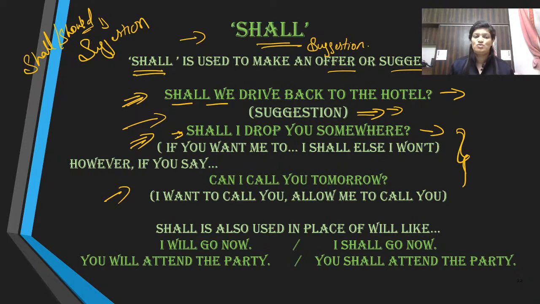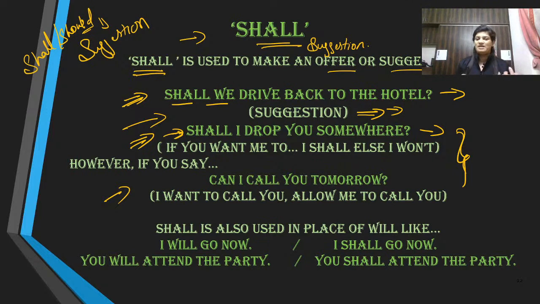Now, assume your friend is stranded, or you meet somebody on the road who is stranded, and you have a bike or a car, and you stop and think, I need to offer help. You don't really want to. You yourself are scared that the person is a stranger, and you don't know who the person is.